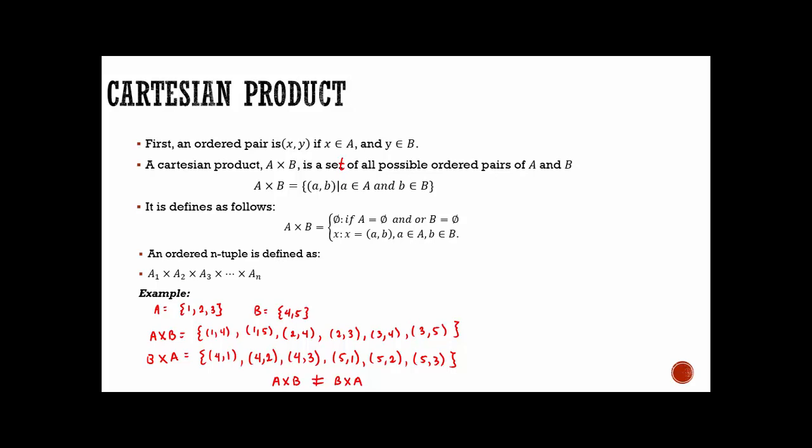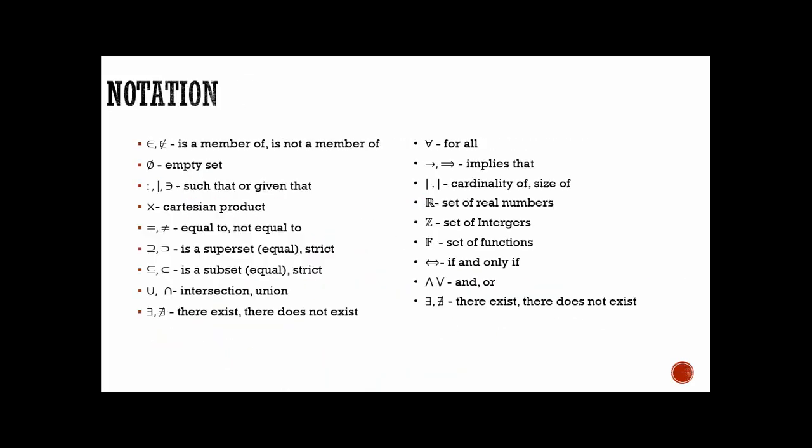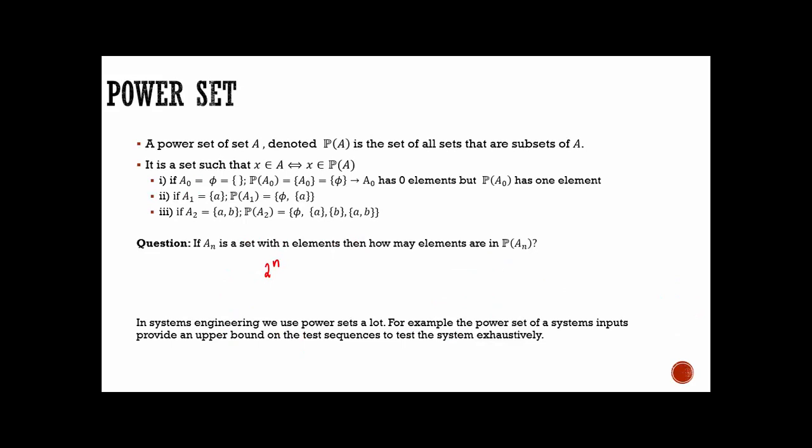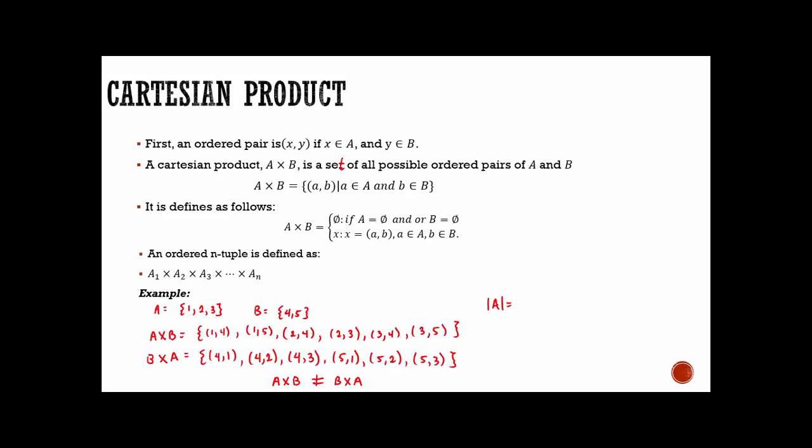So what is the cardinality of A? If I ask you what is the cardinality of A, can you tell me what that is? From our definition here, the cardinality is the size of the set. So what will be the size of A? 3. What will be the size of B? 2, correct?